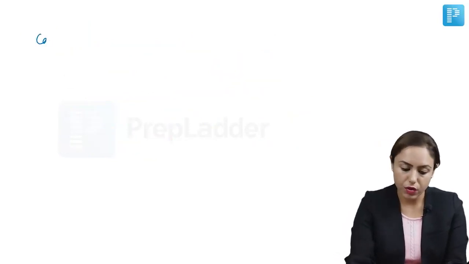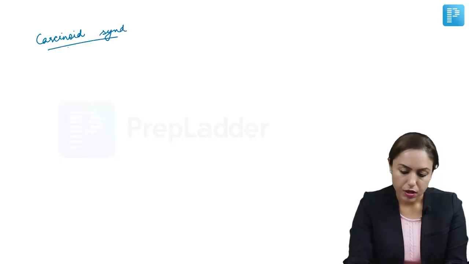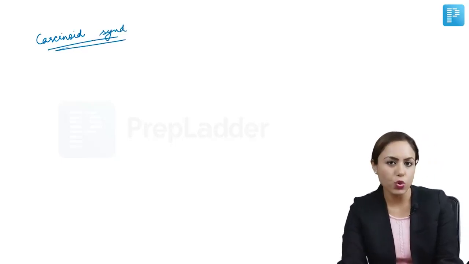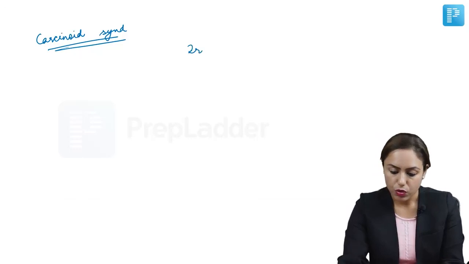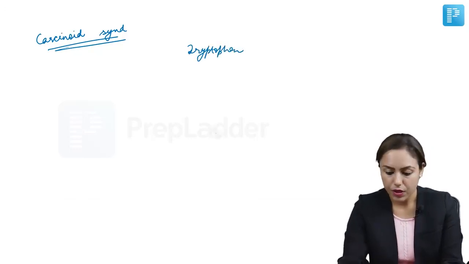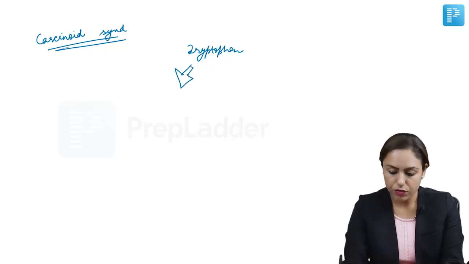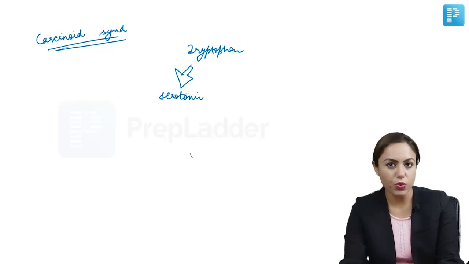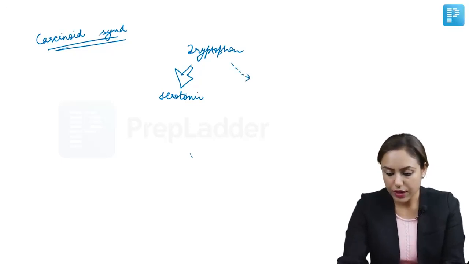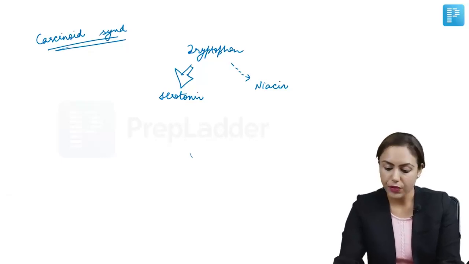Then there is carcinoid syndrome. It is a tumor releasing serotonin. We know serotonin is synthesized from tryptophan. So too much tryptophan is used for the formation of serotonin, and very little tryptophan is available for niacin formation.